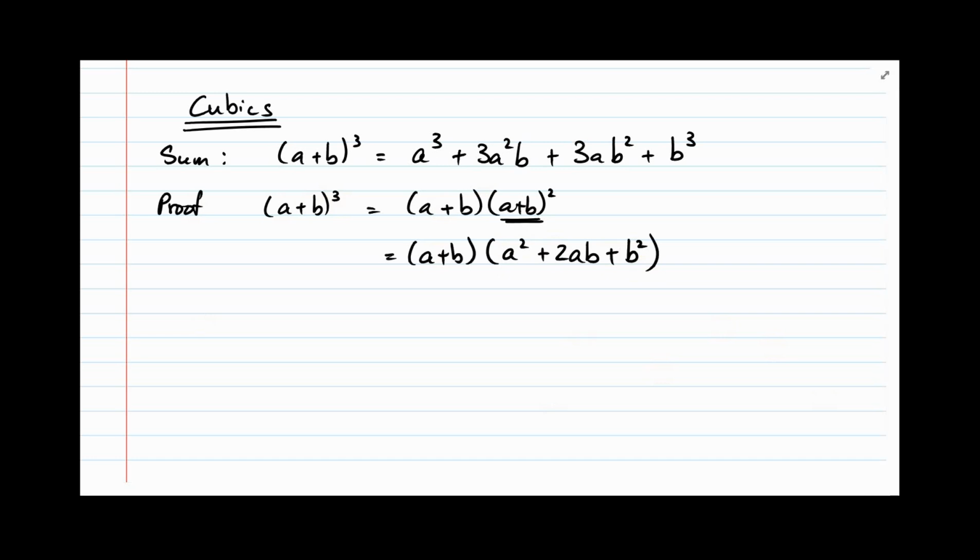Now in this case, let's use the distributive property, and we'll multiply each term by a, and then afterward each term in the bracket by b. So what do we have? When we multiply it by a, we end up with a cube, 2a squared b, plus ab squared.